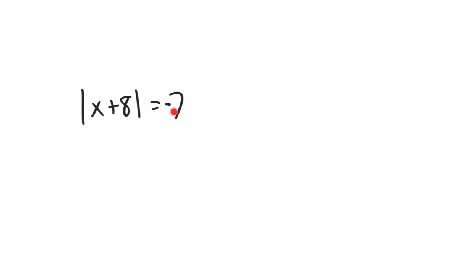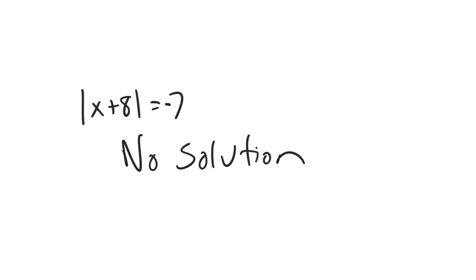This number always has to be positive. Whatever you're left with by itself on one side, on the opposite side of the absolute value, it has to be positive. In this case, you've got that to where it says negative. That's no solution, because it's impossible. You can't take the absolute value of any number and have the resulting value be negative. Absolute value is always positive.